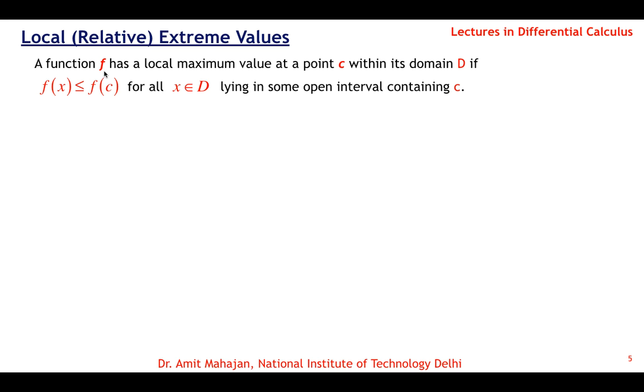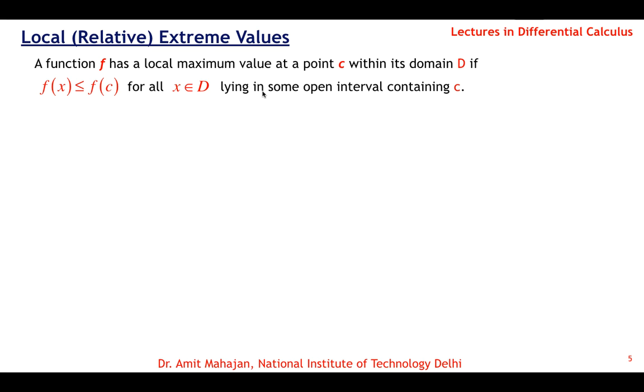A function f has a local maximum value at c within its domain D if f(c) must be greater than or equal to f(x) for all x belonging to the domain lying in some open interval containing c.